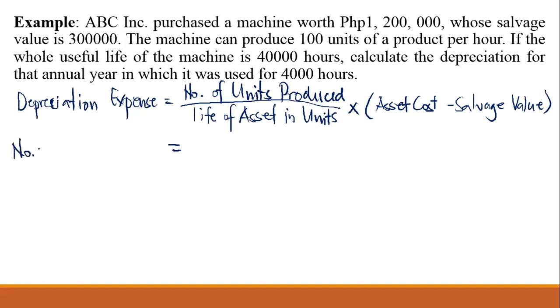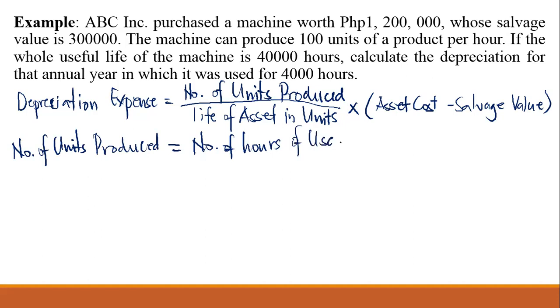Okay. So later. So, and also for the number of units produced. So how are we going to calculate this one? So number of units produced is equal to the number of hours. Kasi nabanggit doon yung number of hours. Okay? Kung paano nagamit yung machine multiplied by the units produced per hour. Ayan. So, ano yung number of units produced natin?